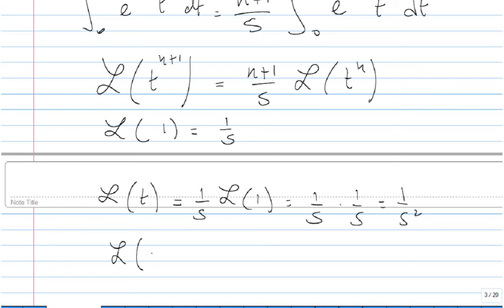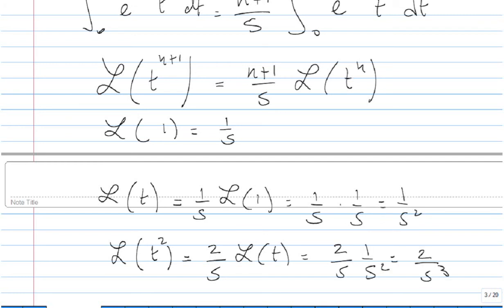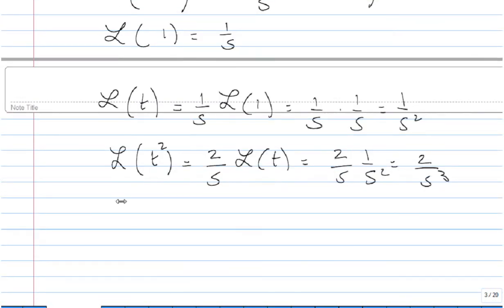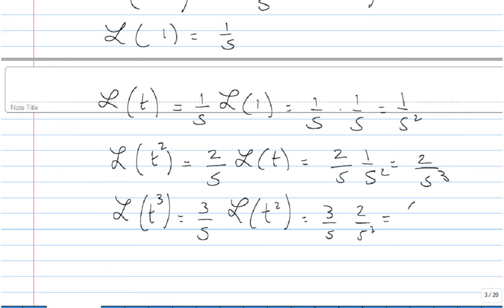The Laplace of t squared is 2 over s times the Laplace of t, which gives 2 over s times 1 over s squared, that's 2 over s cubed. And the Laplace of t cubed is 3 over s times the Laplace of t squared, which gives 3 over s times 2 over s cubed, 6 over s^4.